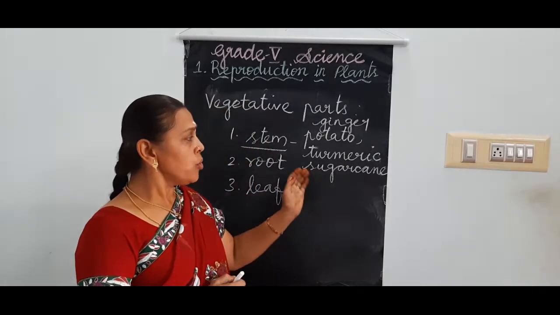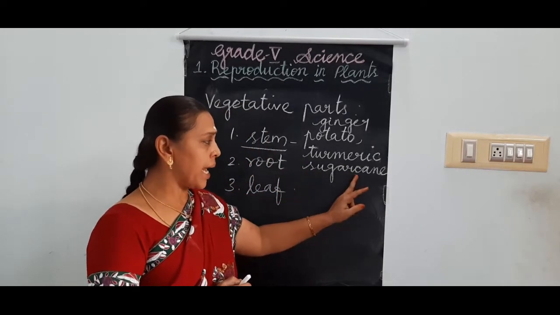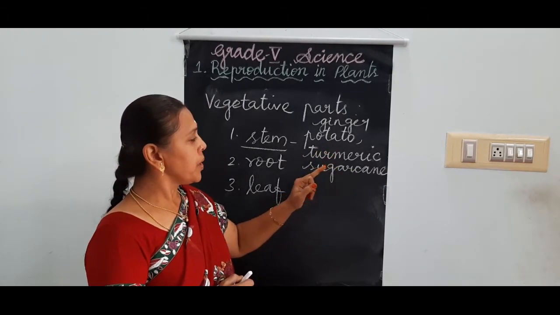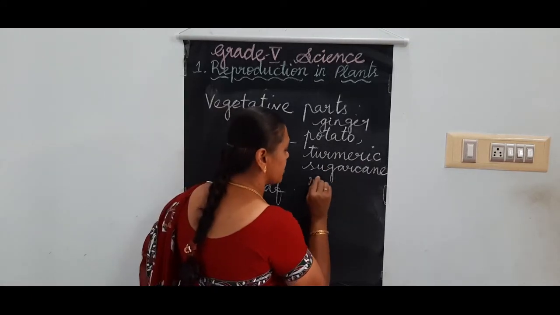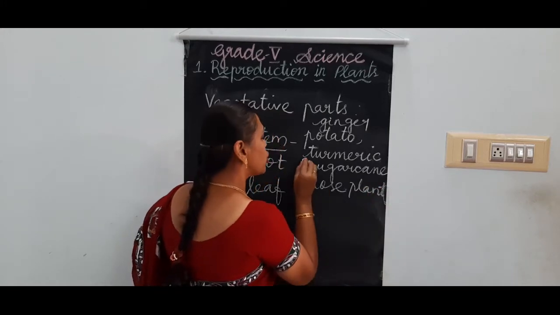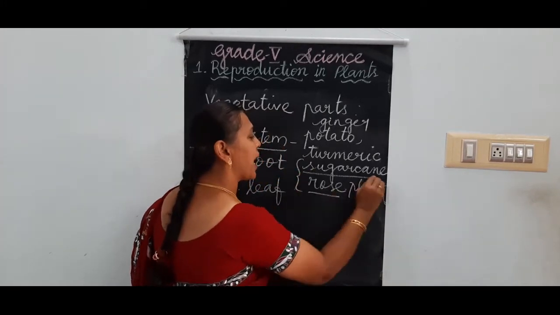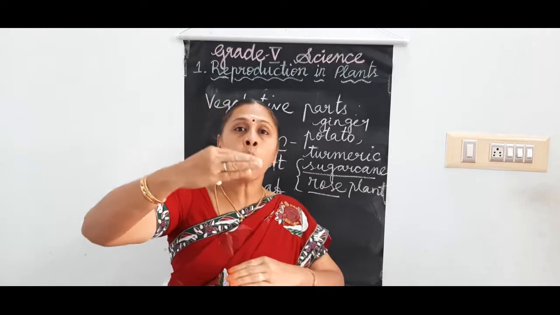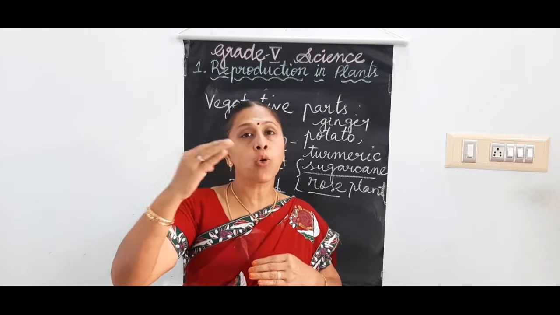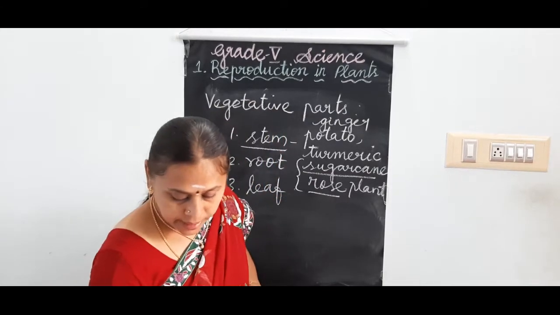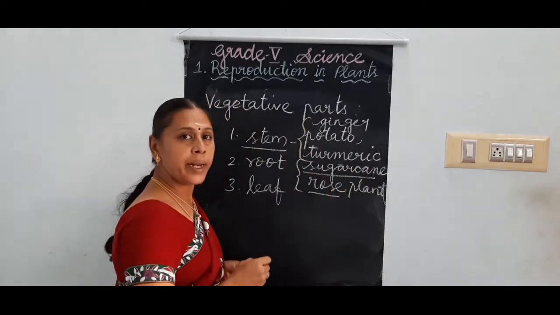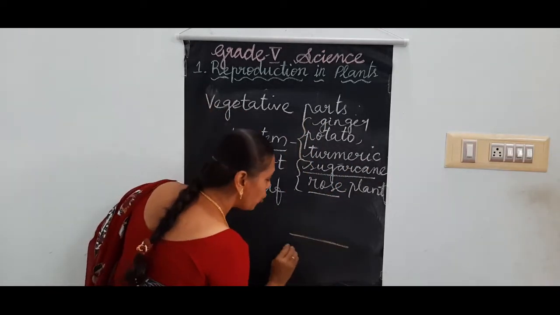Now, for example, sugarcane and another one, a rose plant. In these, the sugarcane and rose plant, the stem part will be seen above the soil, but these 3 parts, that is ginger, potato and turmeric, will be seen below the soil.